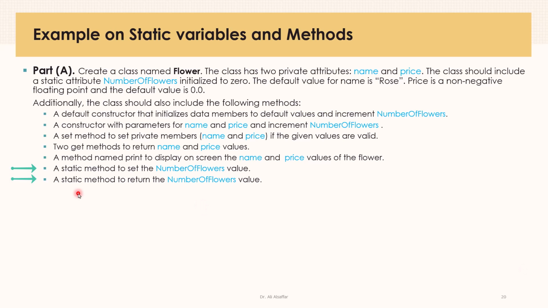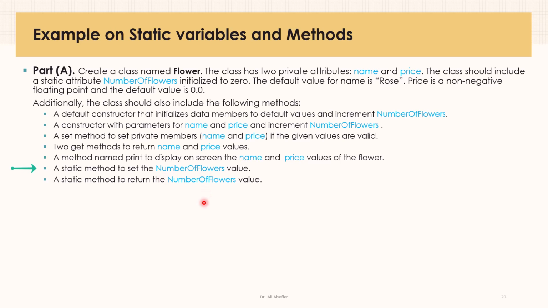Now for the last two methods, we have to make our decision clear here whether to include the setter for numberOfFlowers or not. Including getting numberOfFlowers is fine. Why? Because when we get the value of numberOfFlowers, it will not change. But when you use the set method for a variable, you are changing the variable, and you have to ask yourself, what is the purpose of the variable numberOfFlowers?